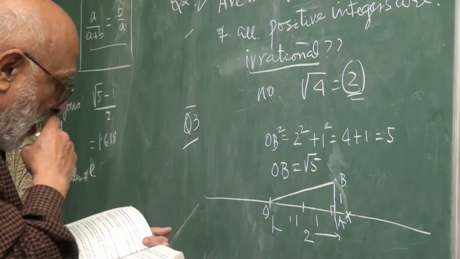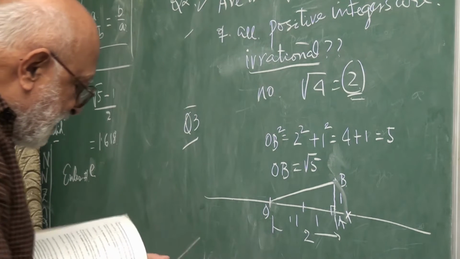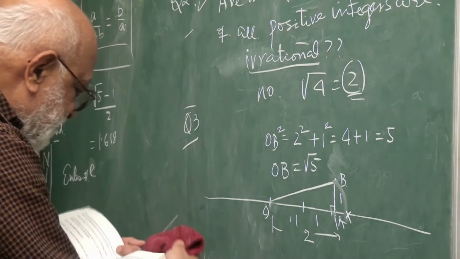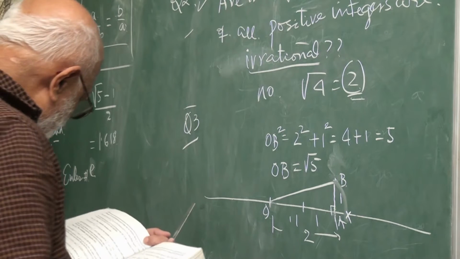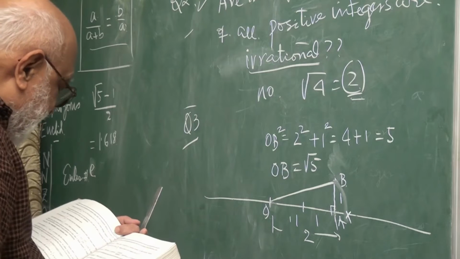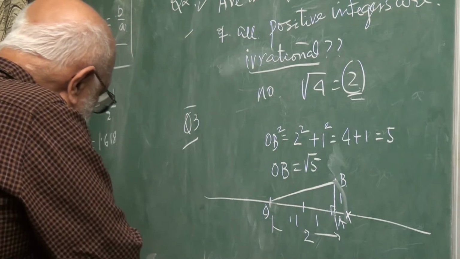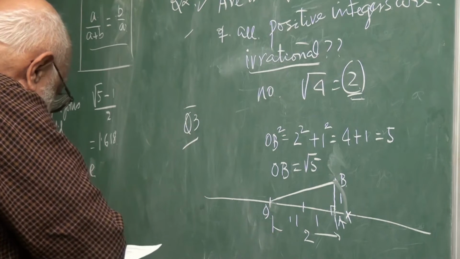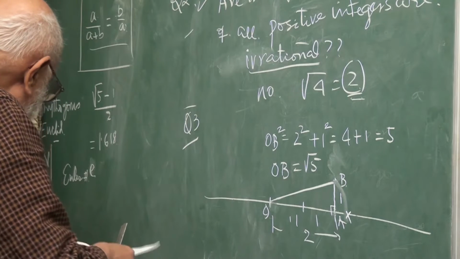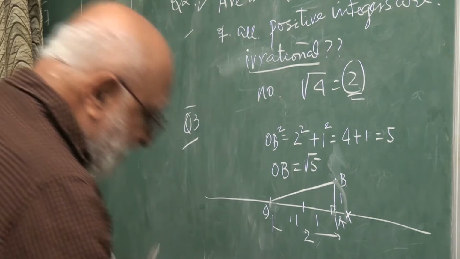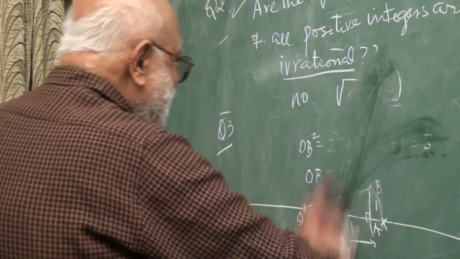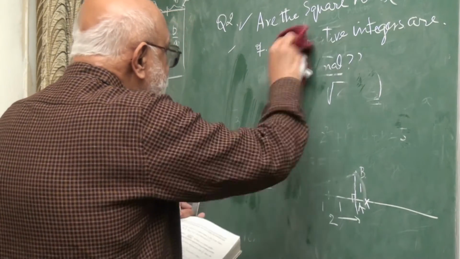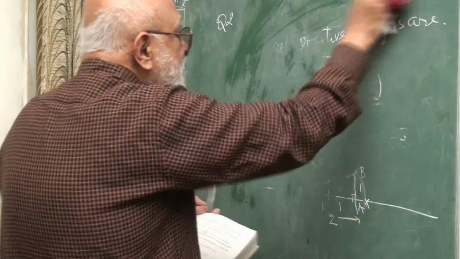Now let us see how we can convert. Here some examples are given, that is example number 6. I think we need to go through that so that we can get a handle on whatever we have been doing so long. It says how to show something as a rational number.